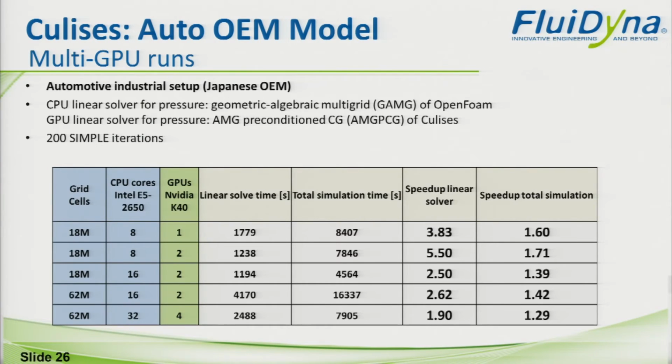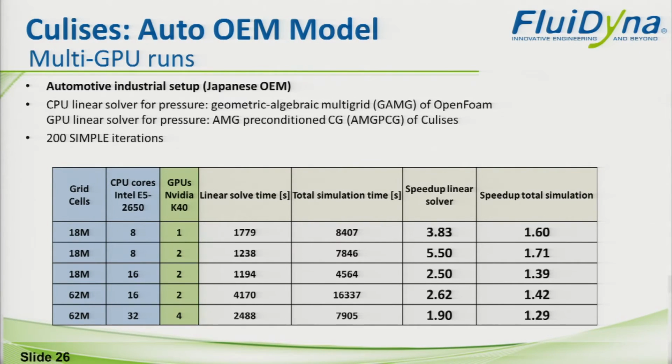But the key observation you should make is what kind of speedups we are getting on the linear solver, and what kind of speedups we are getting on the total simulation. When we pair up 8 CPU cores with 1 GPU, the linear solver is delivering almost 3.8x, whereas the total simulation speedup is 1.6x.